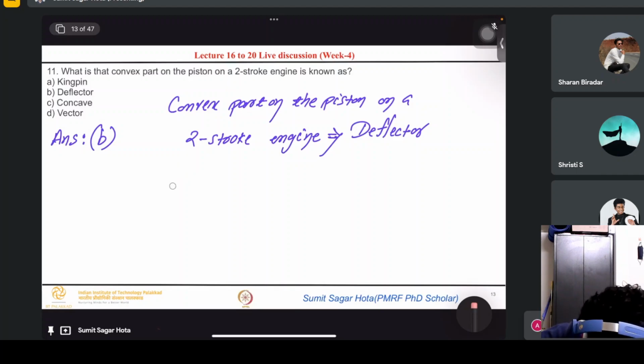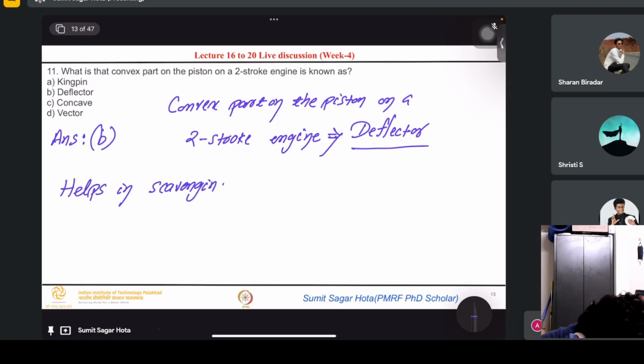Okay, what is the deflector? The deflector helps in scavenging and diverts.